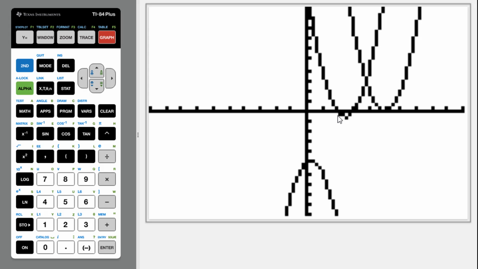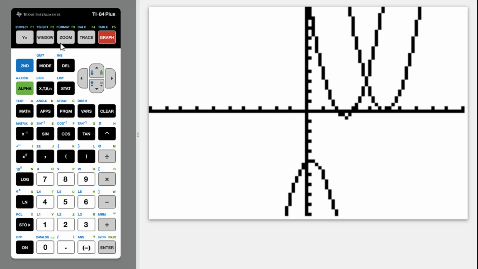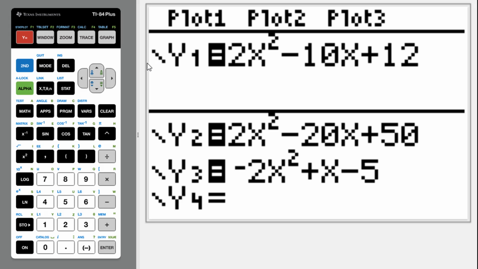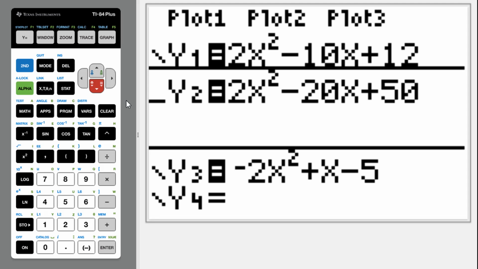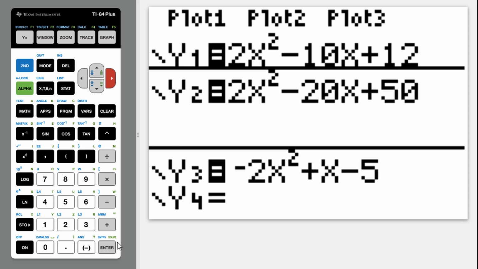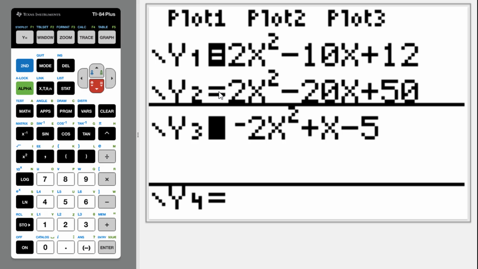If I only want to draw y1, then go back to y1. This equal sign is highlighted. Then you need to go to y2 and press enter. It will unhighlight the equal sign for y2.